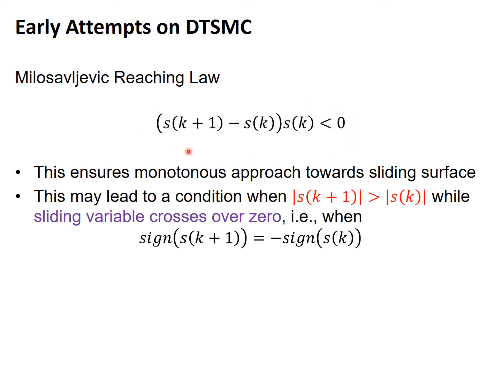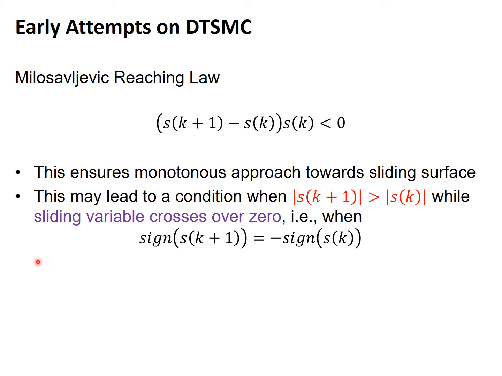In the latter case, this was 1, but this can be minus 2, minus 3, minus 4, no problem, still this will hold true. But the problem is that you are crossing over to a larger magnitude than you already were. So you are actually diverging about the 0 line.